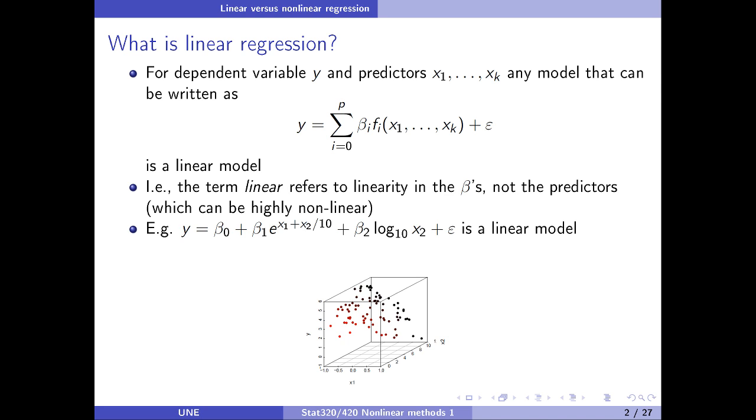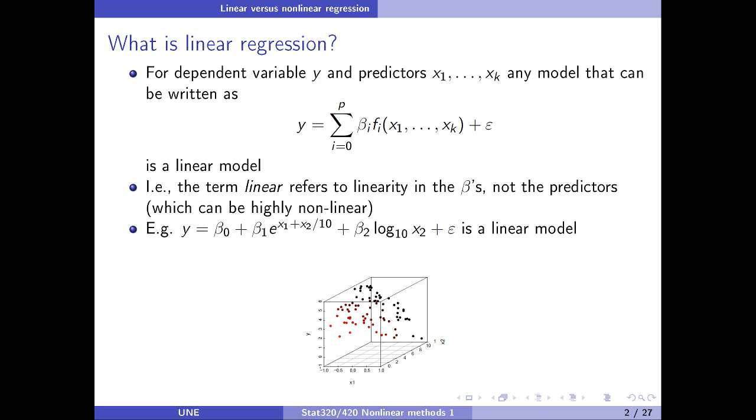The betas are just a beta times some function of the x's. So beta naught is just beta naught times 1, which is still a function of x's. It's not a very interesting function, it's a very simple one, but it's a function of x's that always maps to 1. For beta 1, the function is e to the x1 plus x2 over 10, and so on.